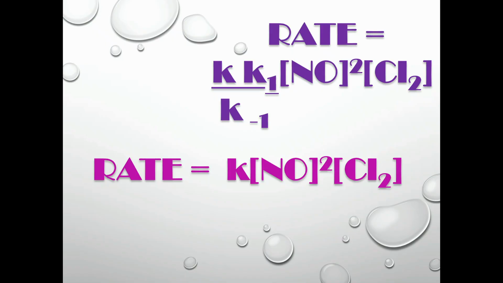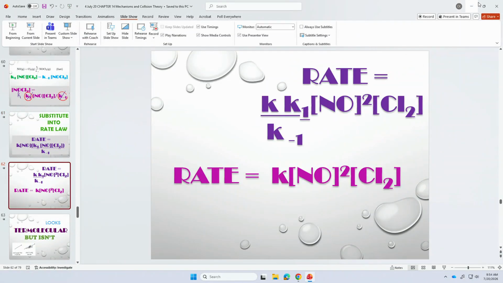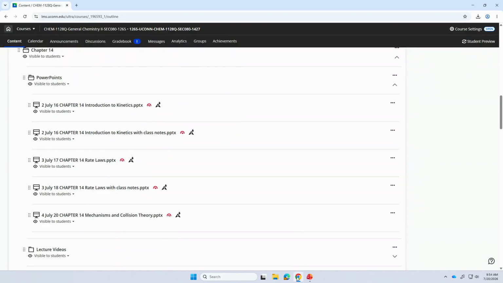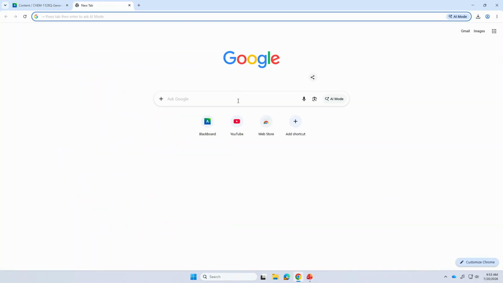Now, which one's correct? I don't know. The only way to know whether or not this is true would be to know something about NOCl2.